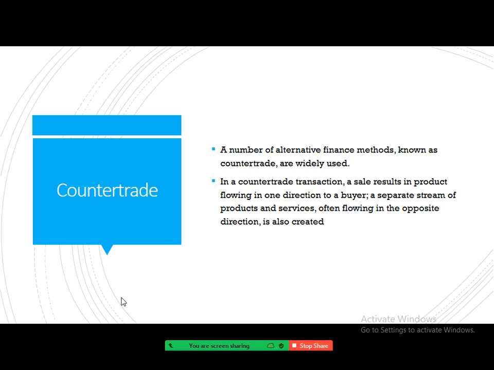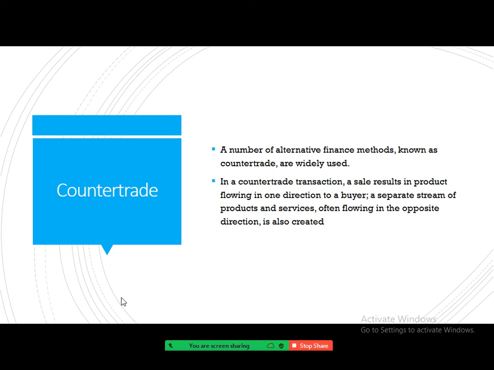So what is counter trade? In a counter trade transaction, a sale results in product flowing in one direction to the buyer. A separate stream of products and services flowing in the opposite direction is also created. Counter trade generally involves a seller from the West and a buyer in a developing country.